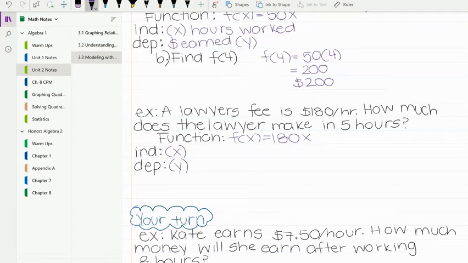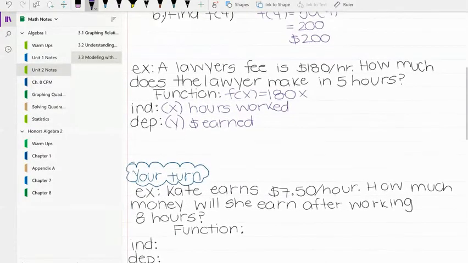For the independent, it represents the amount of hours worked. And for the dependent, it represents the amount of money earned, once again, because the money earned depends on the hours worked. It asks how much does the lawyer make in 5 hours?